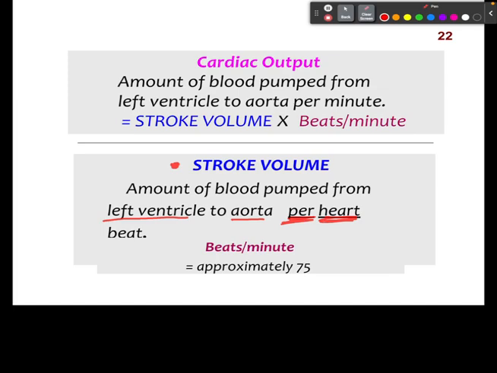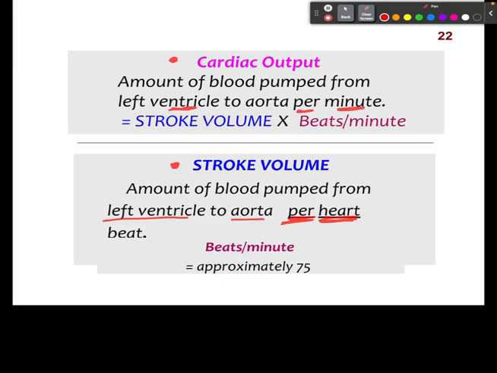Now you can use stroke volume to calculate cardiac output. Cardiac output is how much blood is pumped from the left ventricle, just like stroke volume. However, it's per minute. So let's do this as an example.